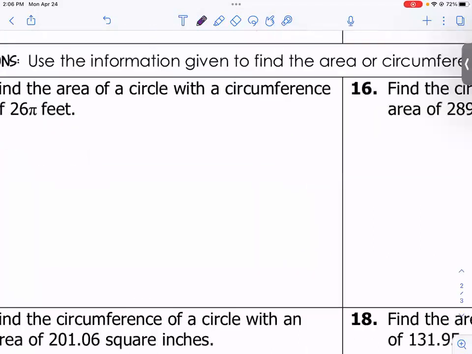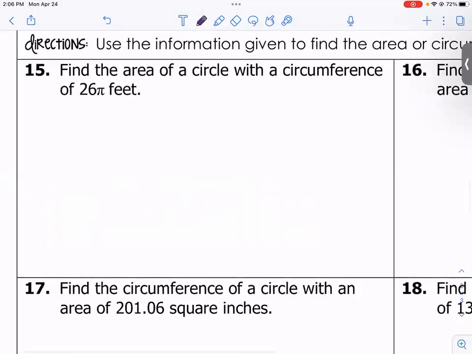Okay. All right. So now I want you to look at number 15. We need to find the area, but we are given the circumference. What do we need to find from the circumference in order to be able to find area?